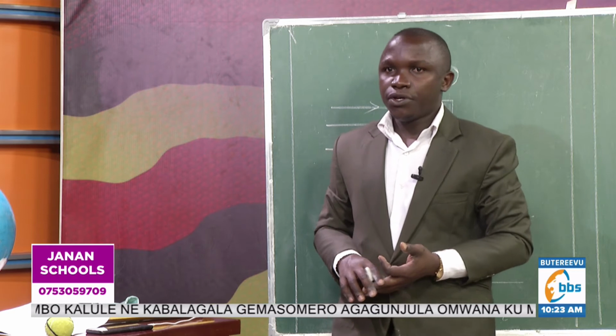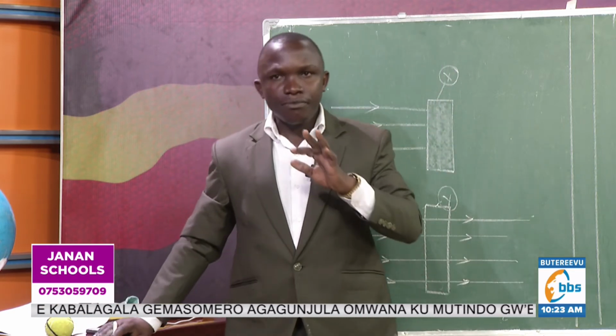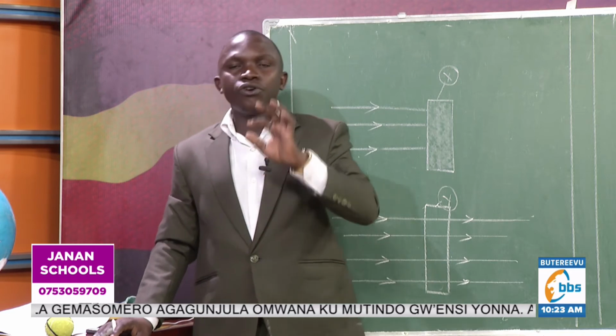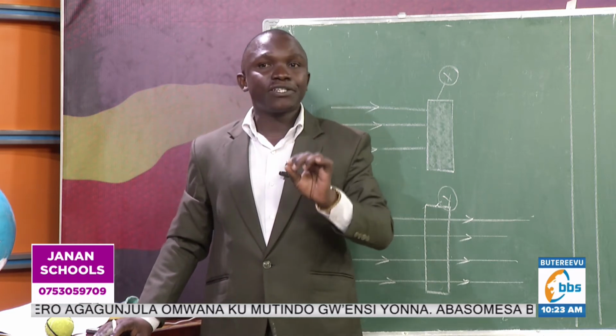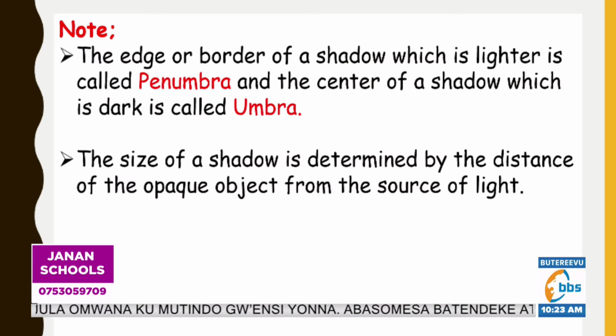Is that okay? So, number 2, the size of the shadow is determined by the distance of the opaque object from the source of light. Then, the third thing I want you to note: when the source of light is nearer the opaque object, the shadow is big, short, and light.